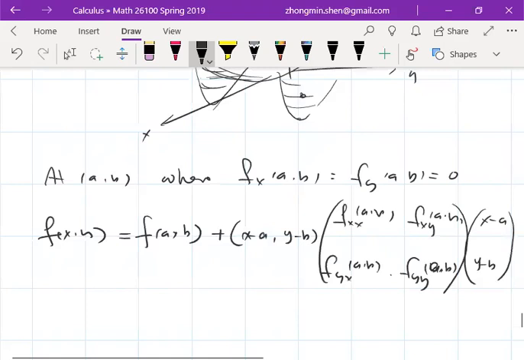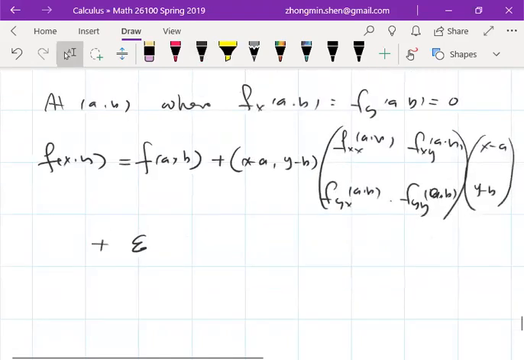Then you have higher order terms, which are very close to 0 when x and y are close. So this part completely determines the local behavior of the graph.